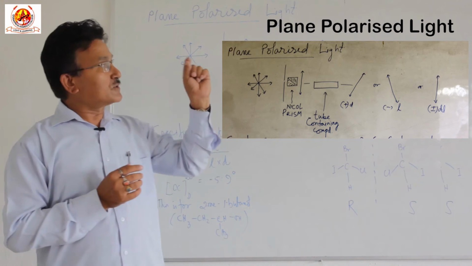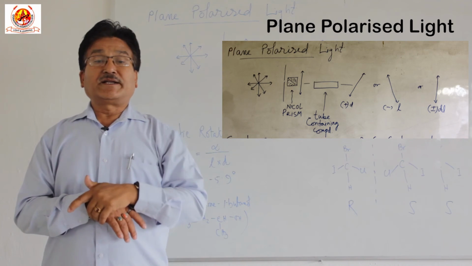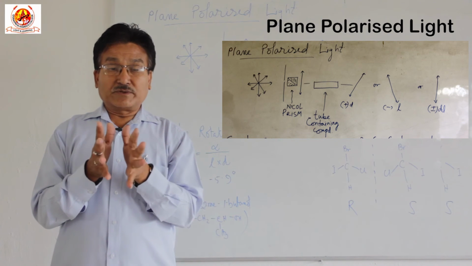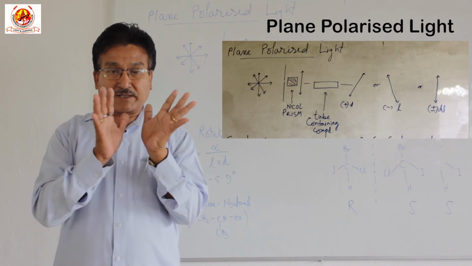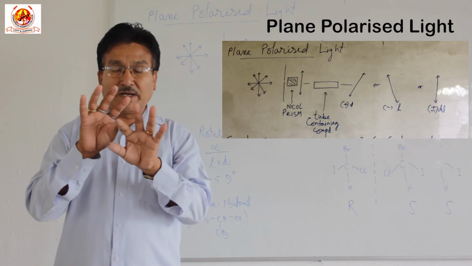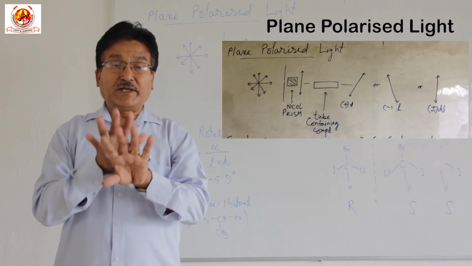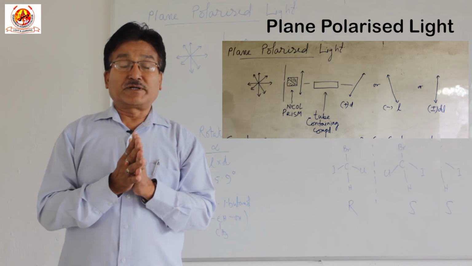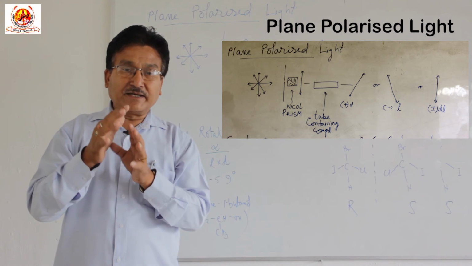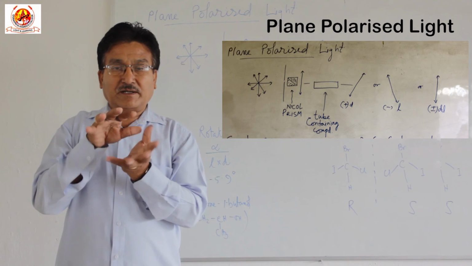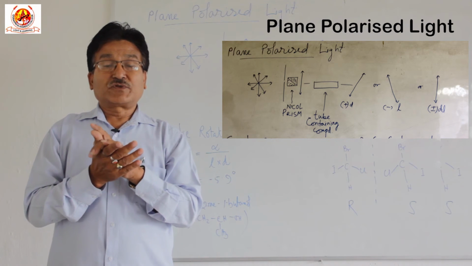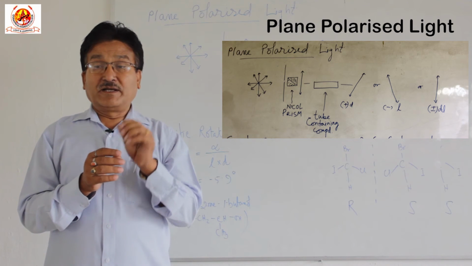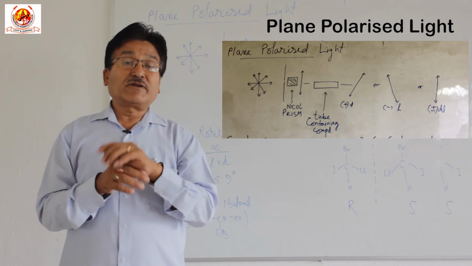When it passes through this tube containing the compound, all the molecules passing through this light will activate, and if they contain the asymmetric carbon atom, they will try to rotate the plane polarized light.